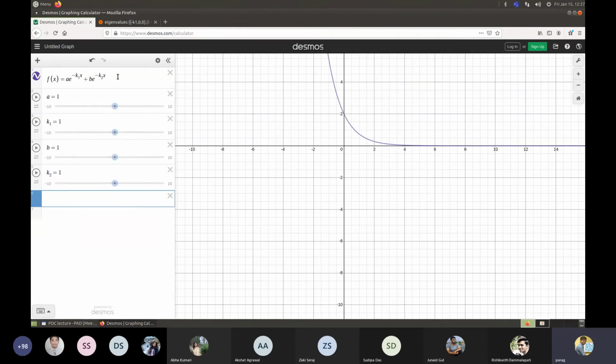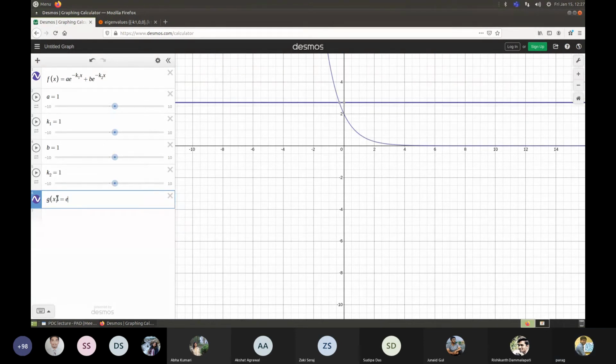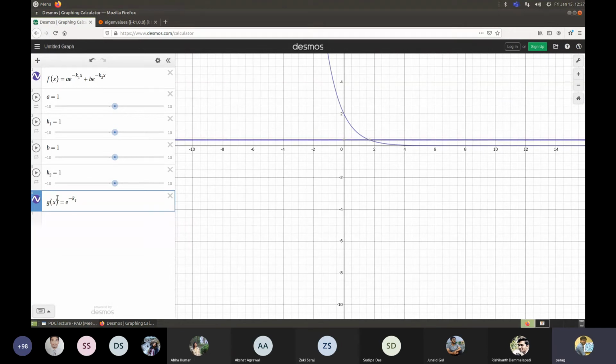Okay, and let me also write here g of x is e to the power minus k1x.